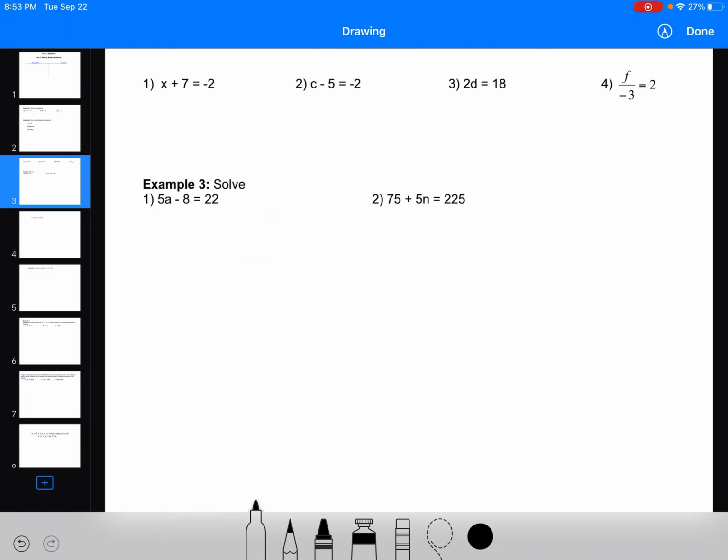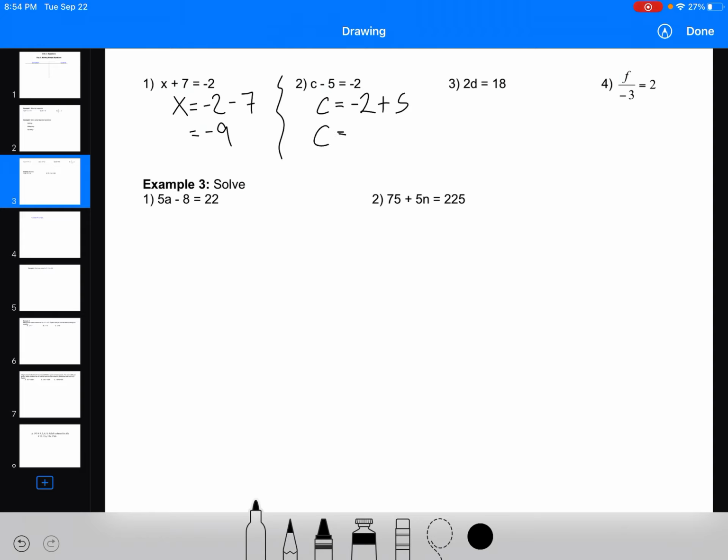Okay, so let's look at these questions. I'm going to write them out in 2 steps. You don't always have to, but if we had something like this, x plus 7, the way it would be is to move that to the other side and get that negative 2, so we'd have x equals negative 2 minus 7. Negative 2 minus 7 is 9. Okay, looking at the next question, we have to do the opposite of subtraction. So we have c equals negative 2 plus 5.